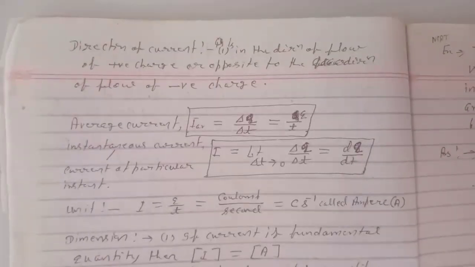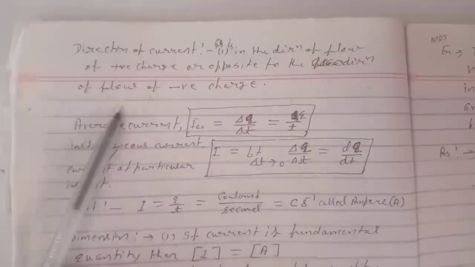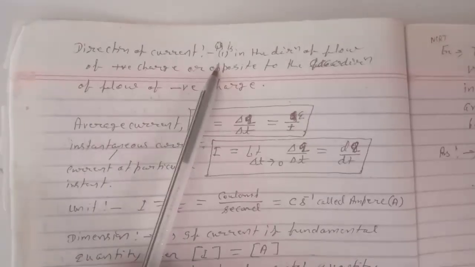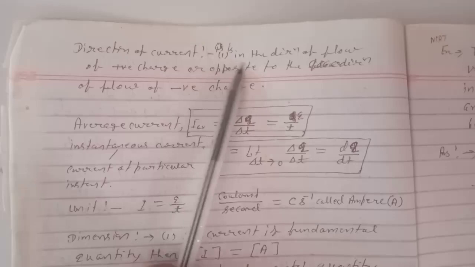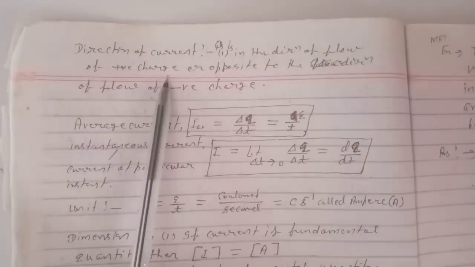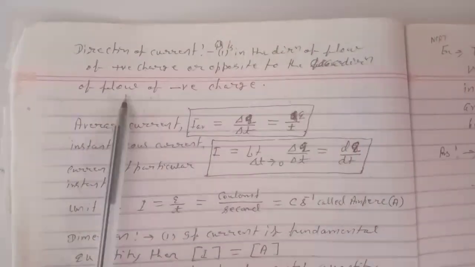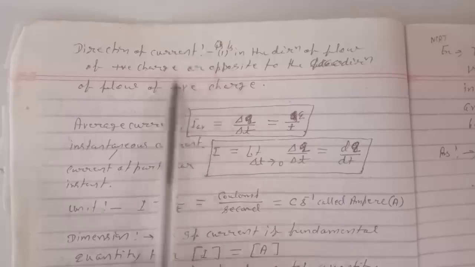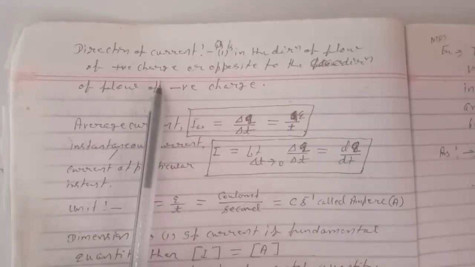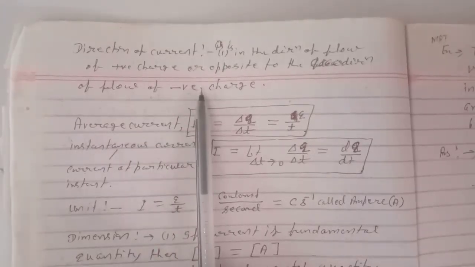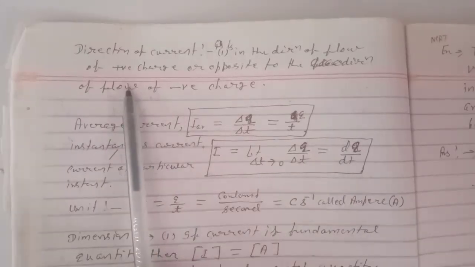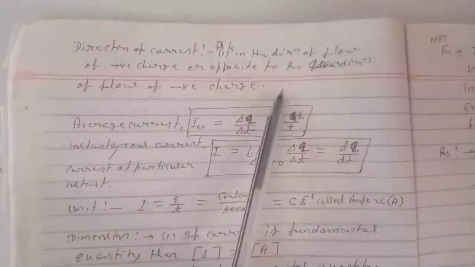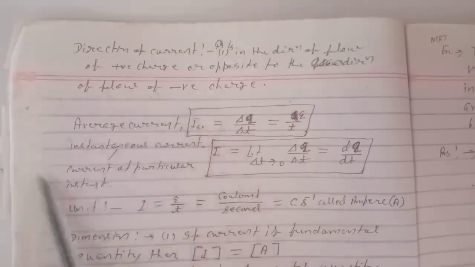Now we will study the direction of current. The direction of current is in the direction of flow of positive charge, or opposite to the direction of flow of negative charge. We have to take this convention. That is, we choose the direction in which positive charge is flowing, and opposite to the flow of negative charge.